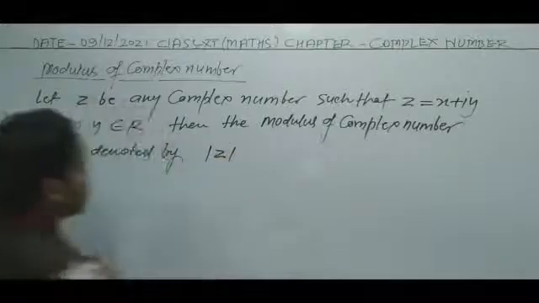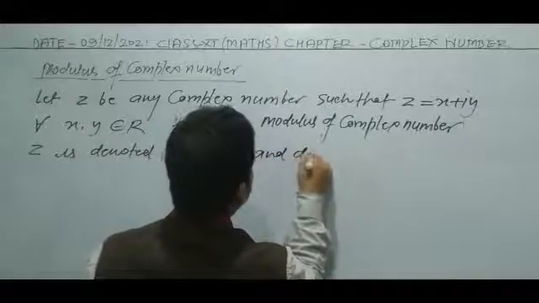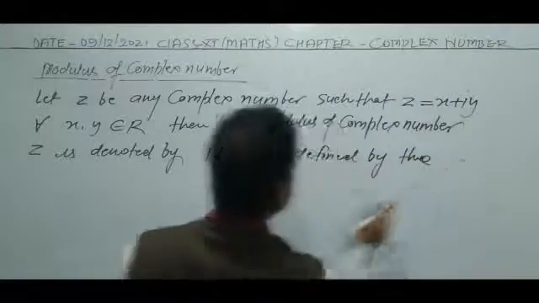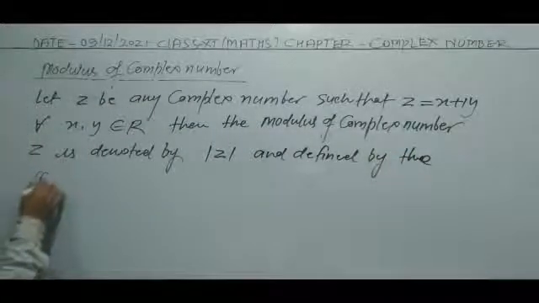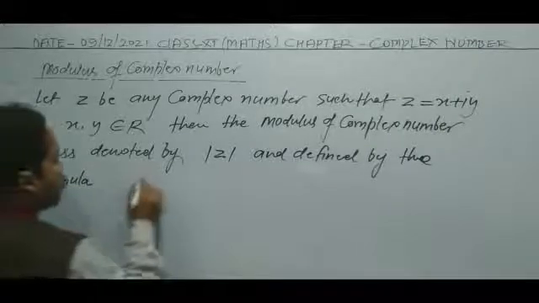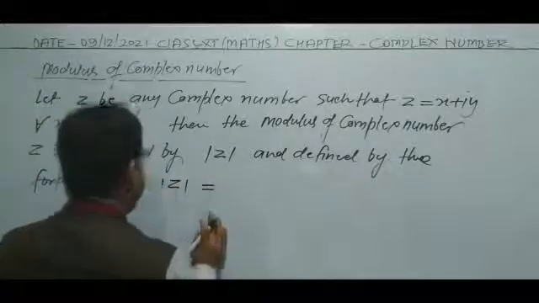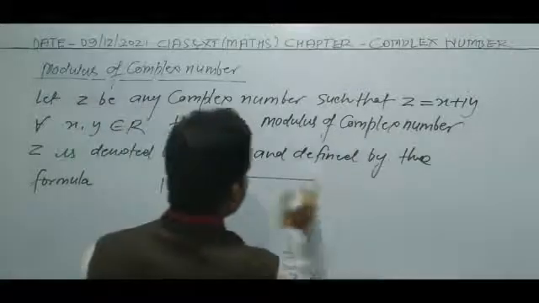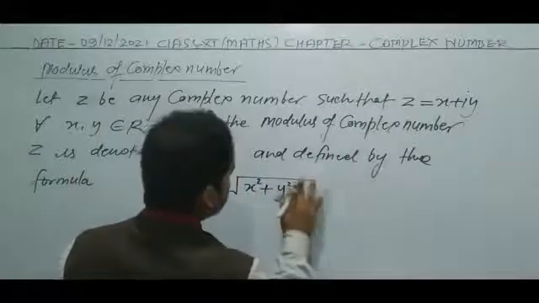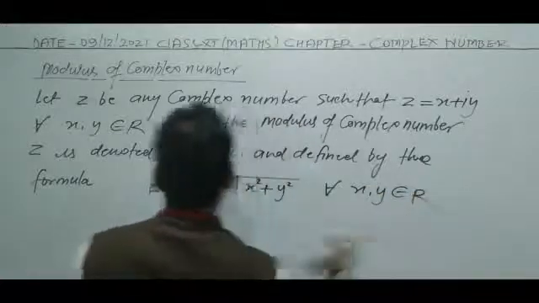mod of z and defined by the formula: mod of z is equal to root over x square plus y square for all small x comma y belongs to real.